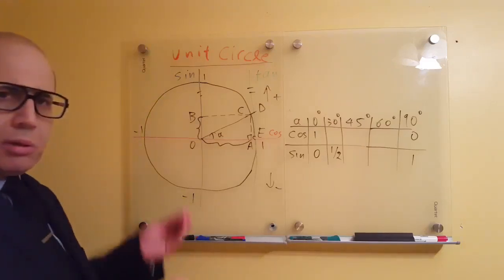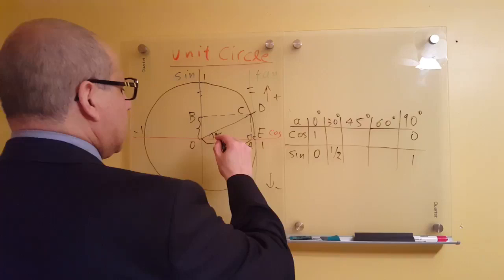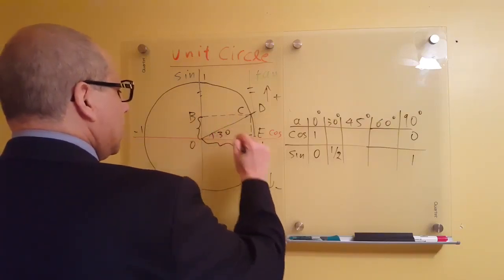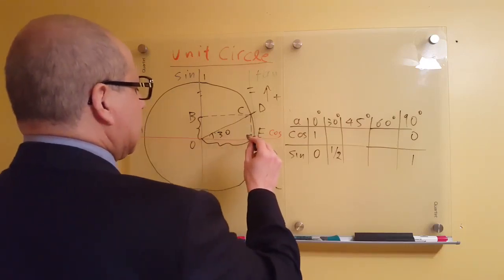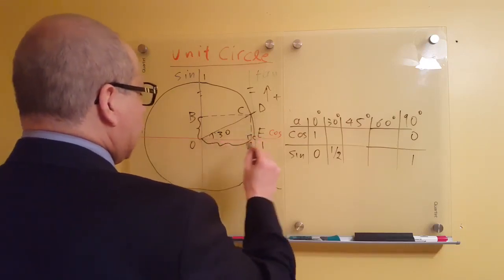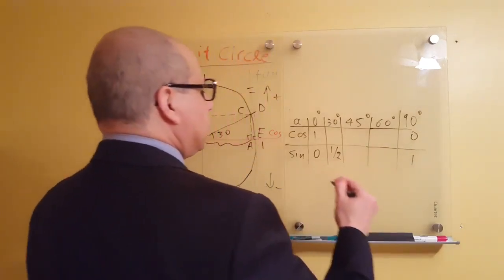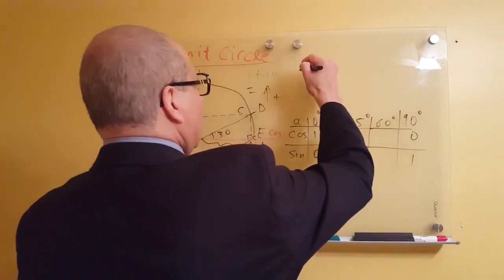Now you want to find the cos. Let's say that this here is 30, okay? So we know that the cos is this here, so it's OA.